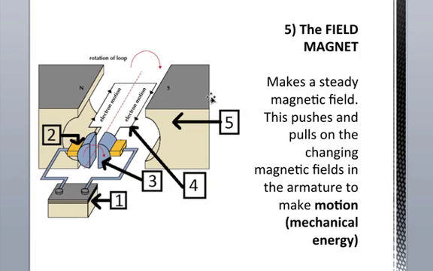It pushes and pulls on the changing magnetic fields in the armature, and this constant pushing and pulling is what generates our mechanical energy, our motion. So if we could hook this armature and split ring commutator grouping together along, say, some sort of shaft, we would have a motor that could make energy in the form of motion, like, say, driving wheels or the blades on an electric lawnmower or a fan, something like that.